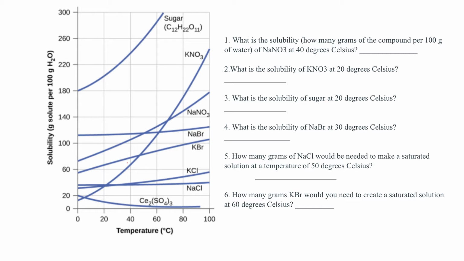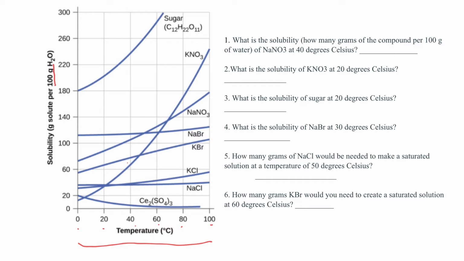Just so you know how to read the graph, down here is our temperature on the x-axis. And along the y-axis is how many grams of the substance can be dissolved in 100 grams of water at these temperatures.